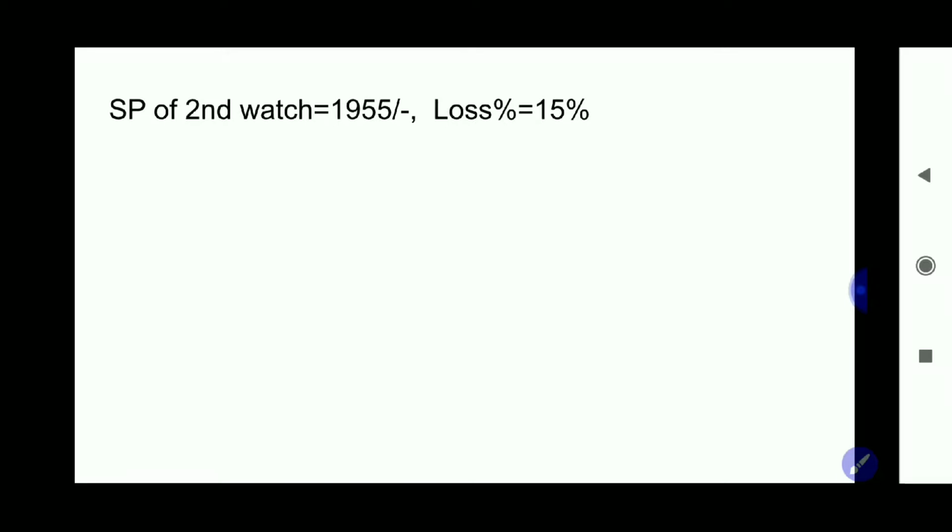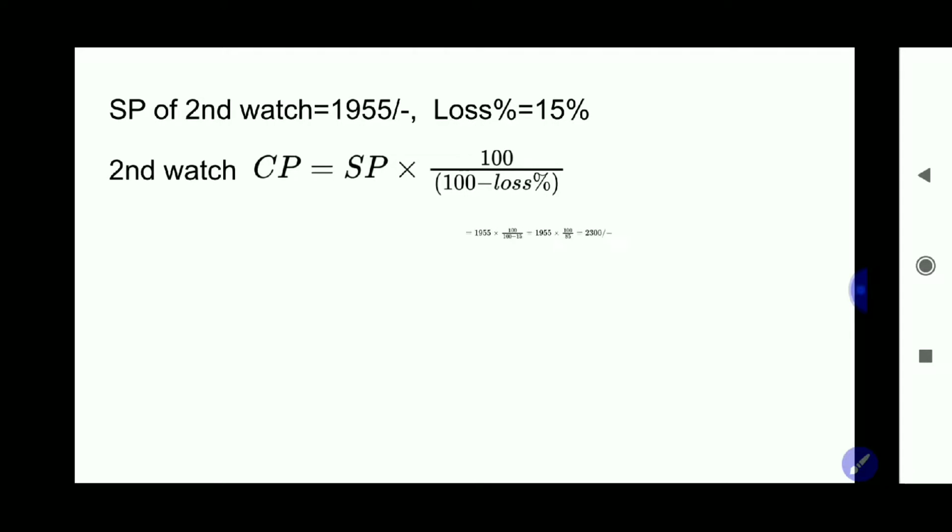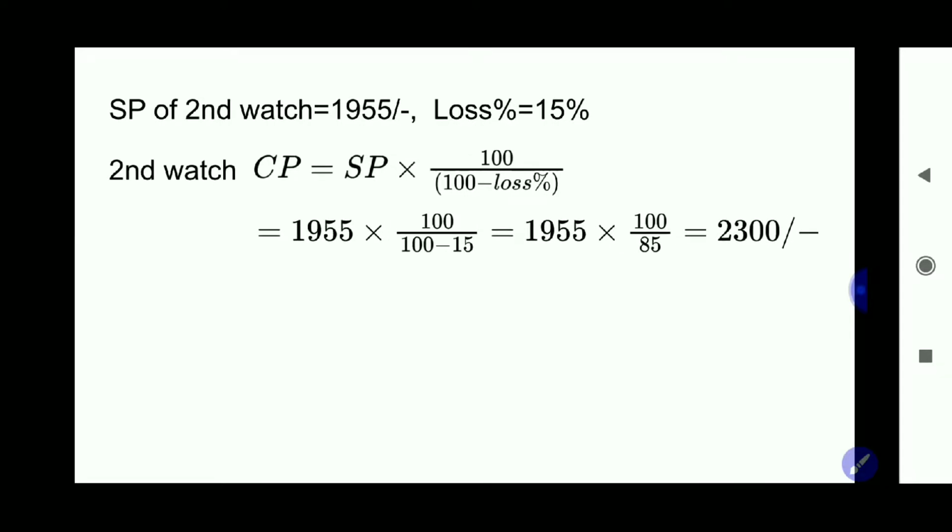Selling price of second watch is 1955. Loss is 15%. So, cost price of second watch is equal to 1955 into 100 by 100 minus 15. That is 2300 rupees. So, total cost price is 1700 plus 2300.